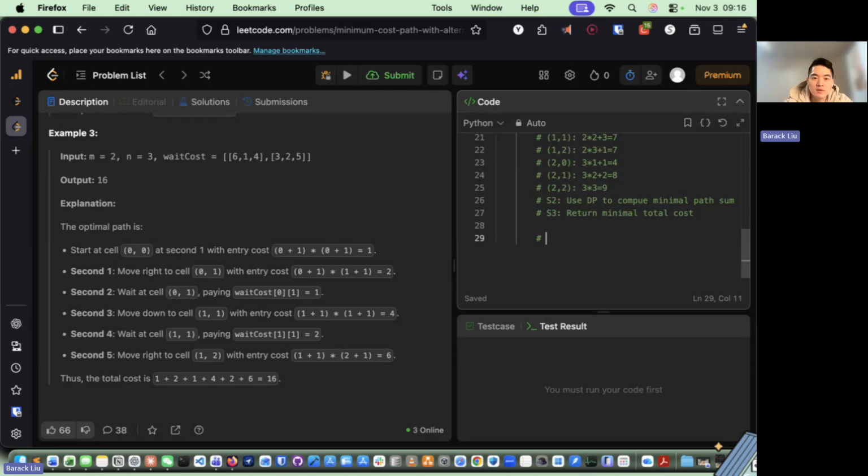Okay, we can store infinite in a variable. So let's define a float infinite.